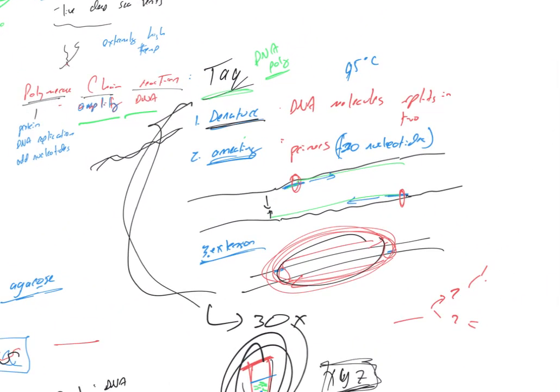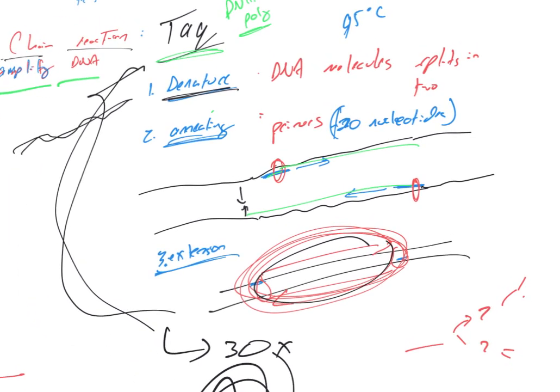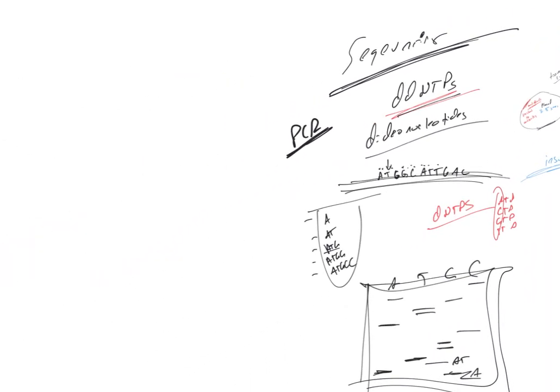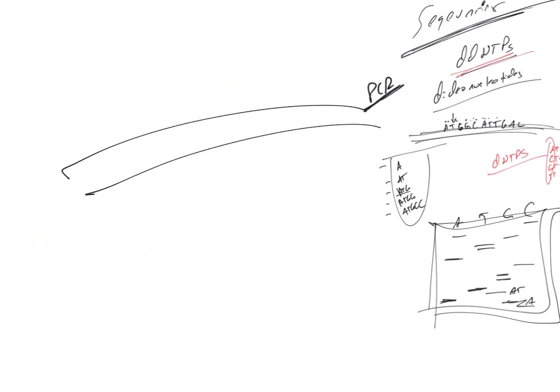Let's say here's my DNA molecule, and I want to sequence everything between these two points. So I pick a primer here, and I pick a primer here. I'm going to PCR everything between them, the part I want to sequence.